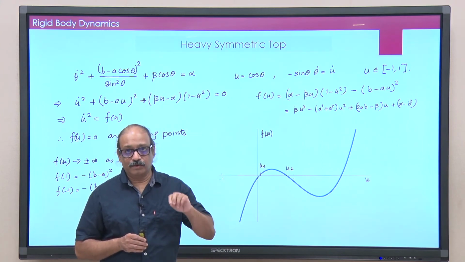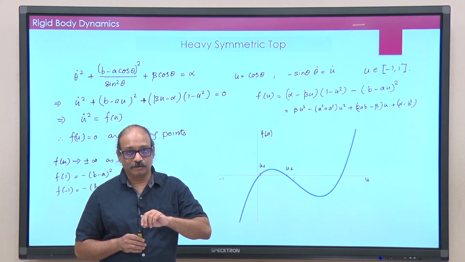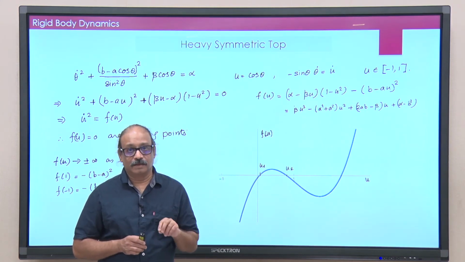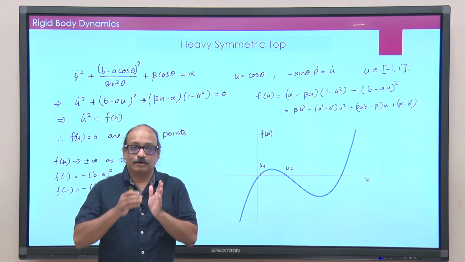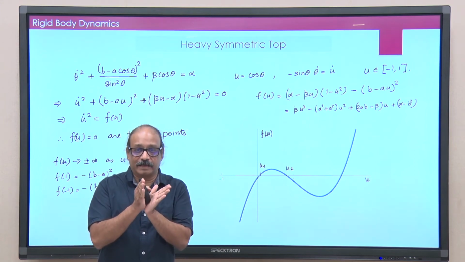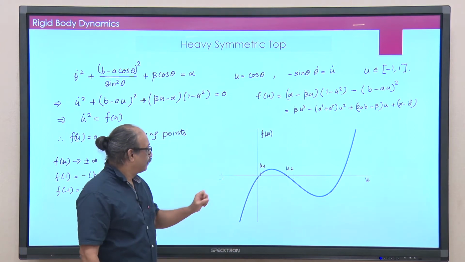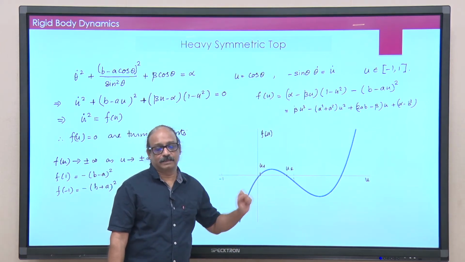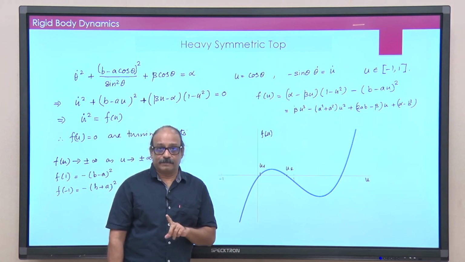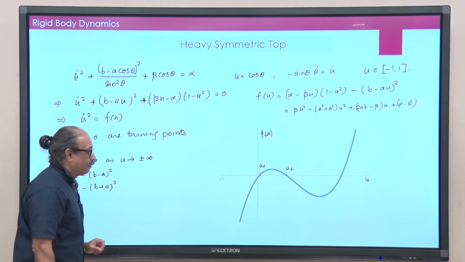If u is restricted between u1 and u2, corresponding to u1 and u2 there will be theta 1 and theta 2. Your motion is restricted as far as the theta coordinate is concerned, it is restricted between theta 1 and theta 2. Okay. That makes a big simplification once we know this.